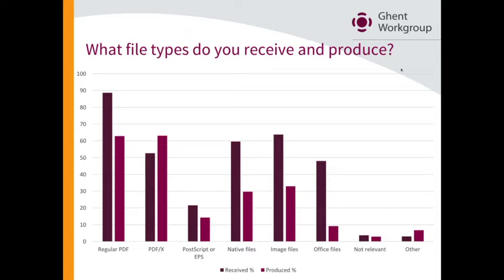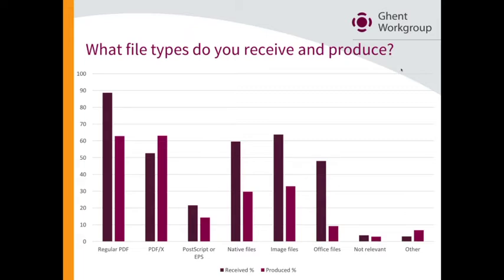The amount of PDF/X files that comes in has also increased a lot, and who lost in this row of file formats? That's mostly PostScript and EPS. So the amount of PostScript and EPS has gone down.